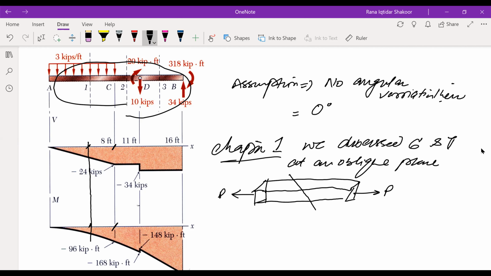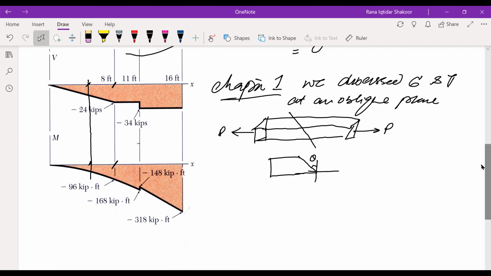If I draw this, it will be like this, right? And this angle was theta, if you remember. Now what we did was see how this theta affects the amount of normal as well as shear stresses.